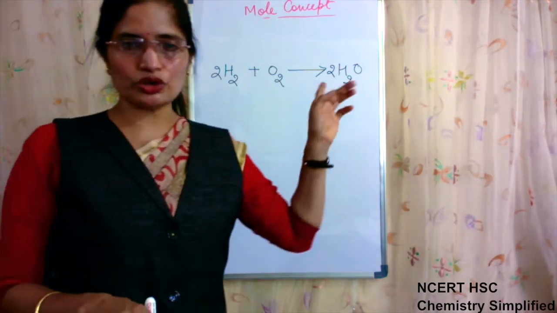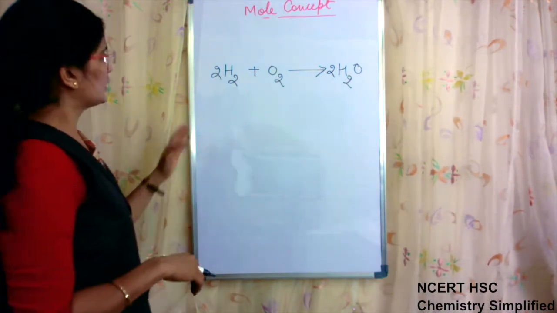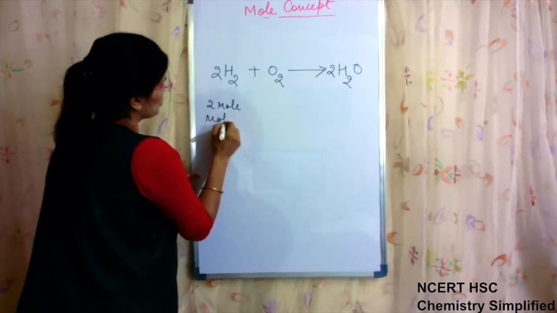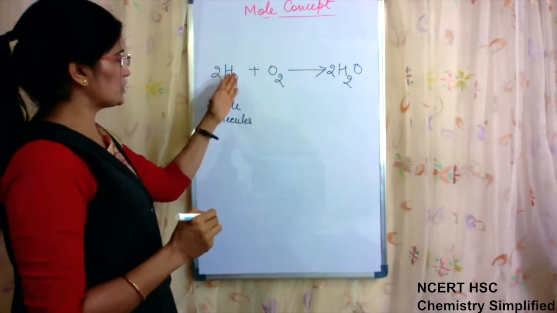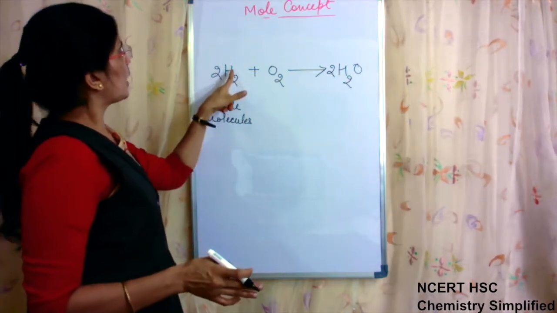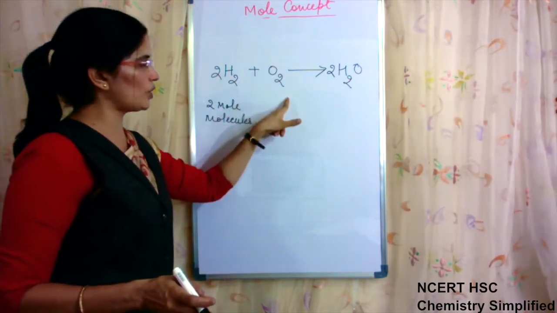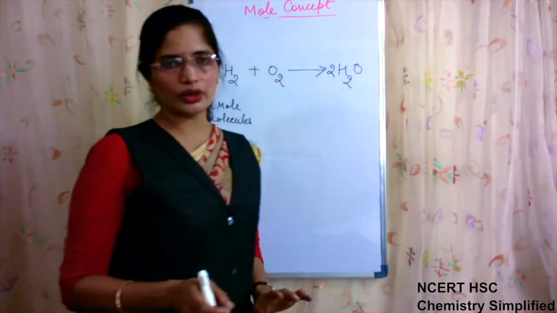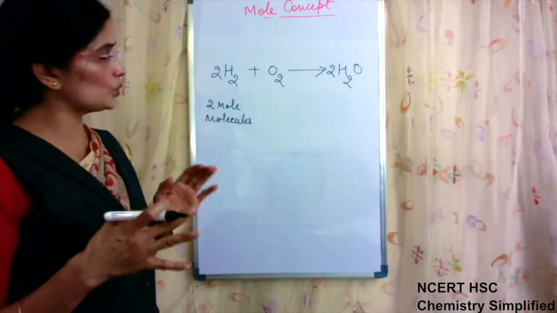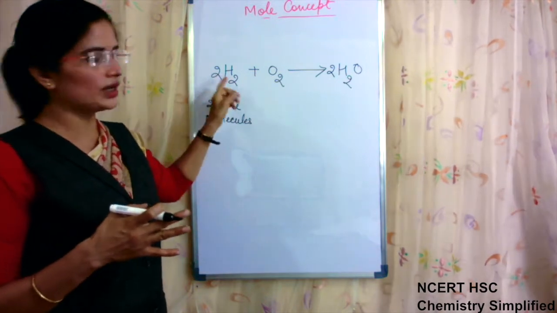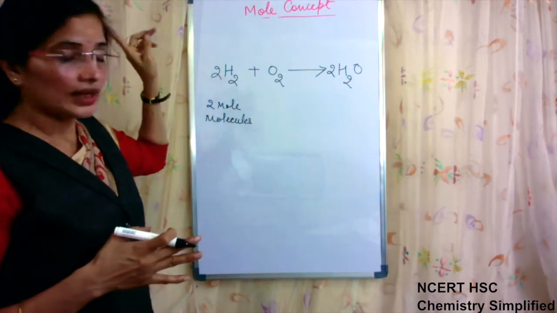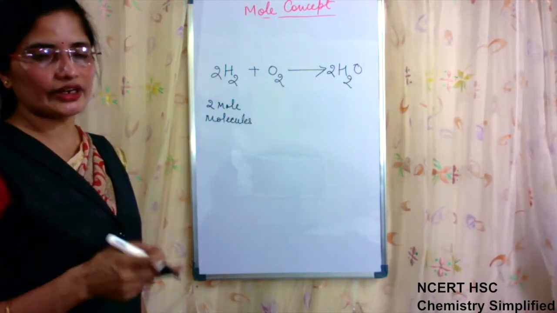Now in the language of moles, I will talk about this equation. According to this, 2 mole molecules. Generally when we have not talked about the mole concept, what we used to say is, two hydrogen molecules combined with one oxygen molecule to give two molecules of water. This was our simple language. But now to specify that actually we are not talking about two atoms or one molecule of hydrogen, we are talking about Avogadro number of atoms and Avogadro number of molecules.